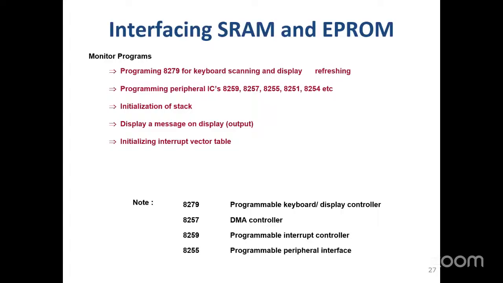You can see 8259 is the programmable interrupt controller, 8257 is the DMA controller, and 8255 is the PPI, the programmable interface device. Write down the interfacing devices, write down everyone. 8255, I will dictate, you can write.